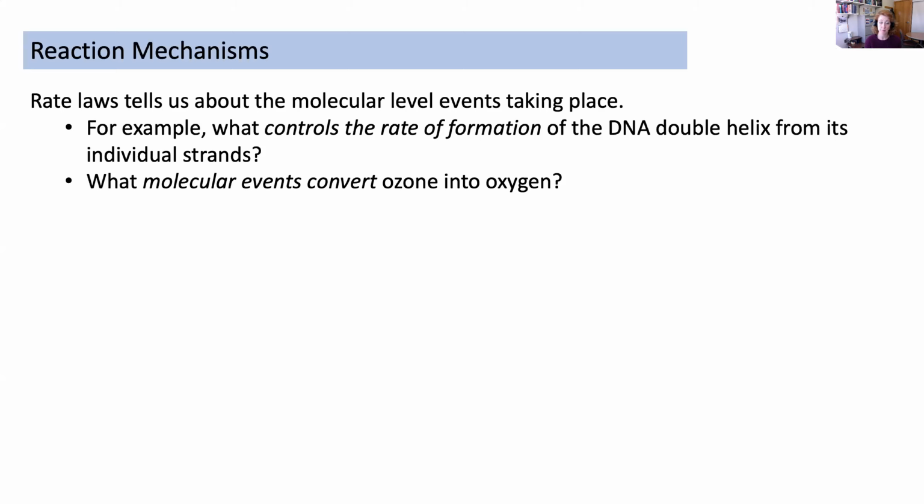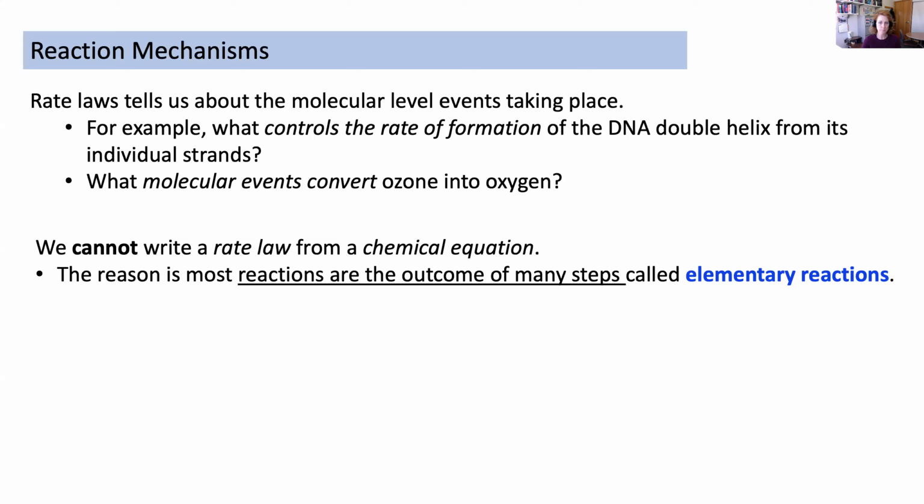DNA double helix formation is way more complicated, but it follows the same fundamental principles, and chemists and biochemists have followed those principles to determine what controls the rate of formation of a DNA double helix. We talk about ozone because it's much simpler. When you have that chemical equation in front of you, we cannot convert that into a rate law.